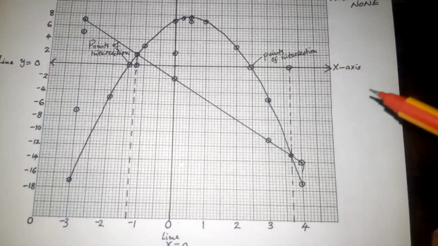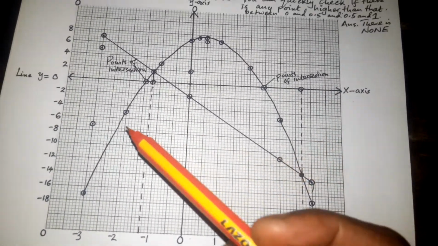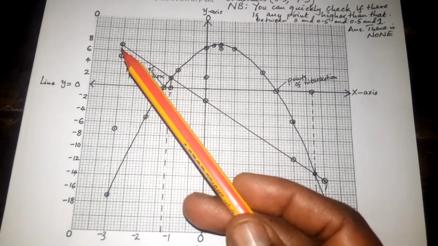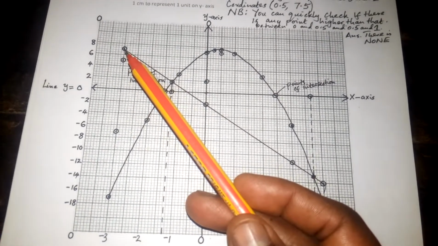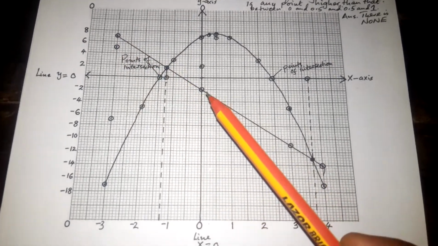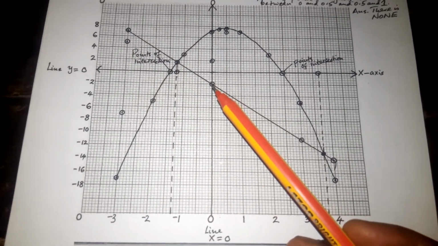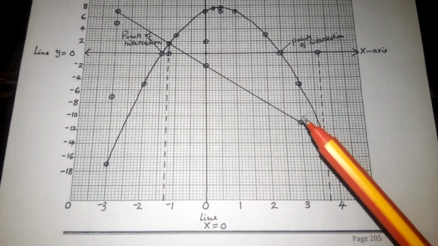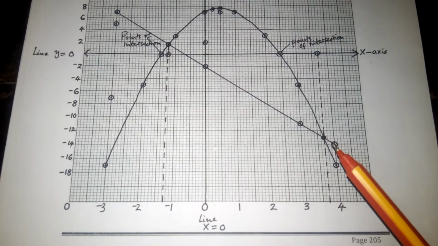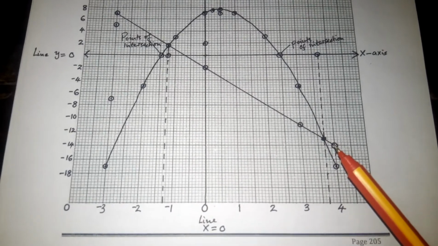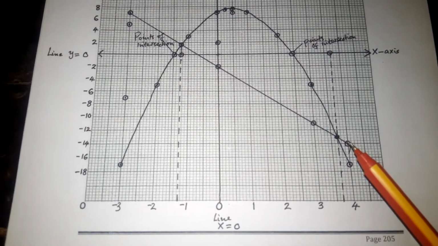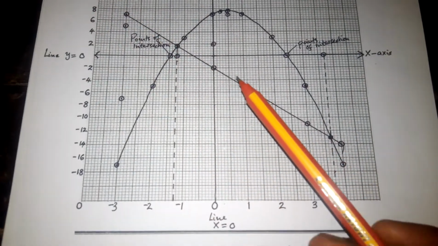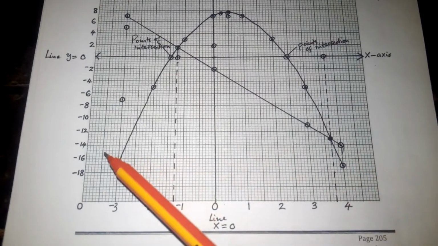From this graph again, because we use the same graph, you can see our equation plotted. The extreme end here we have -3, 7, and at this point here we have 0, -2, and at this point here we have 4, -14. So those are the extremes, so that we can have the line crossing through the curve.